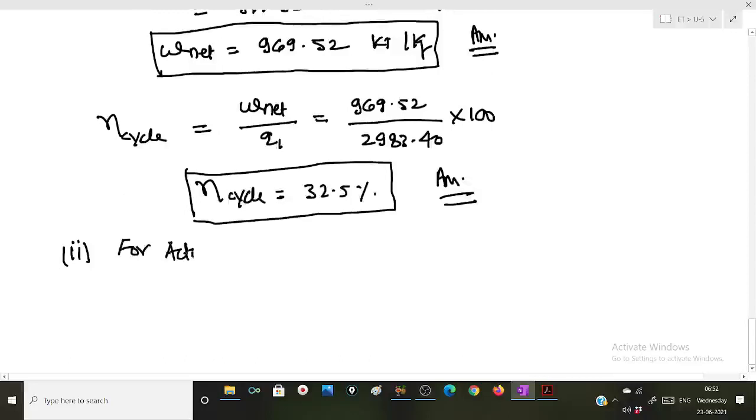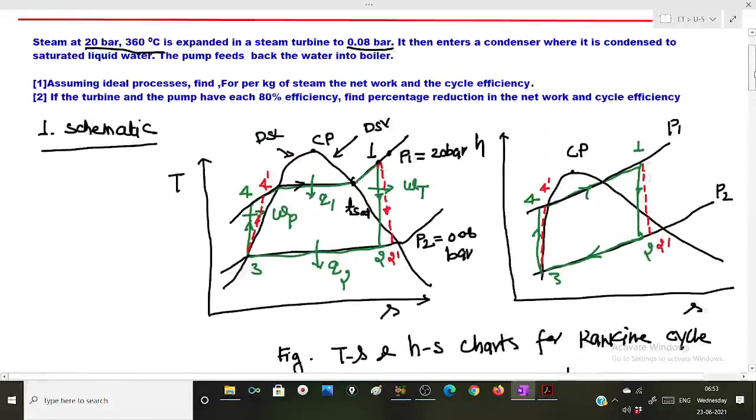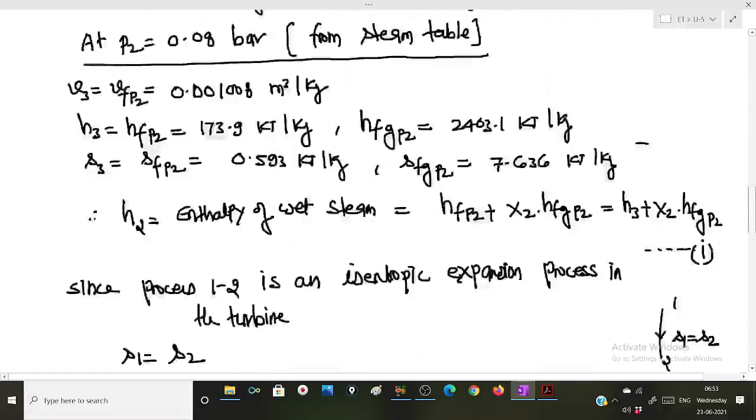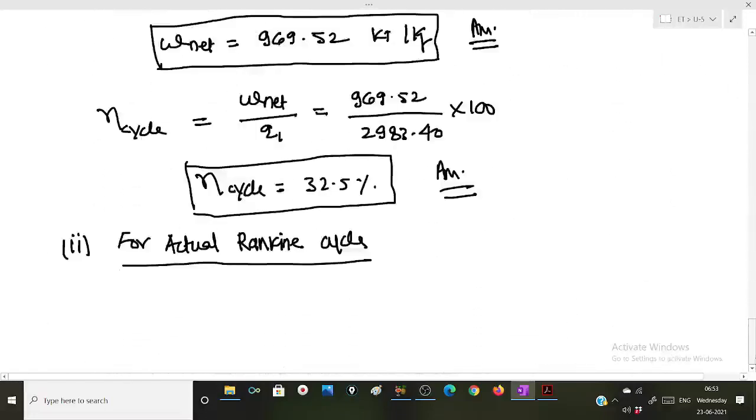So for actual Rankine cycle, the actual Rankine cycle is shown on the TS and HS diagram by 1, 2 dash, 3, 4 dash, and finally 1.